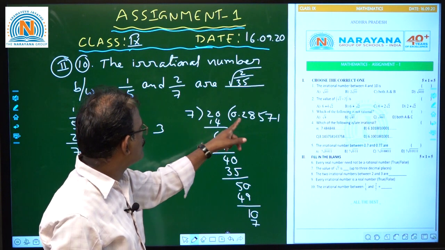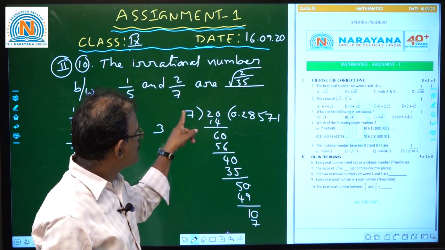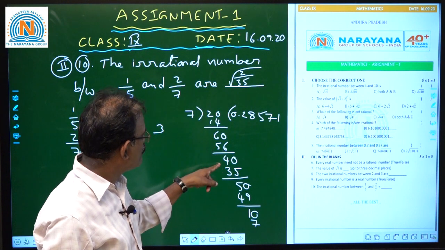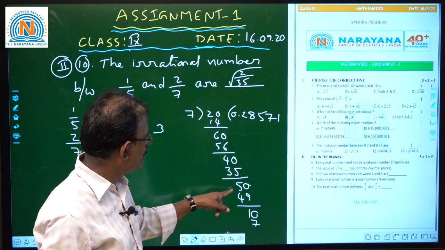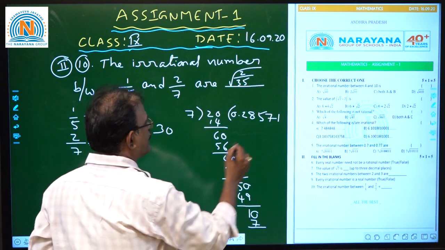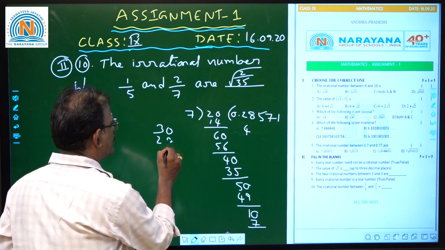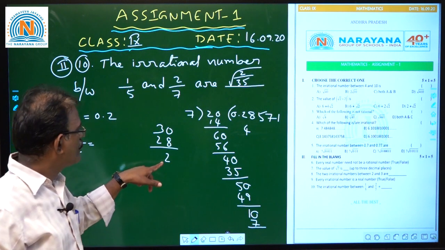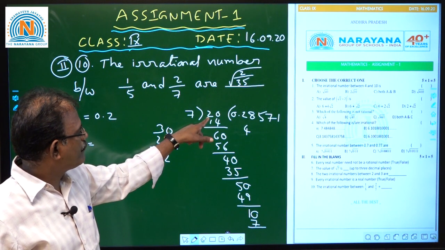This is 7 2s are 14, 6, 7 8s are 56, 4, 7 5s are 35, 5, 7 7s are 49, 1. Then again 7 4s are 28, again 2. 2 comes, 2 is there.